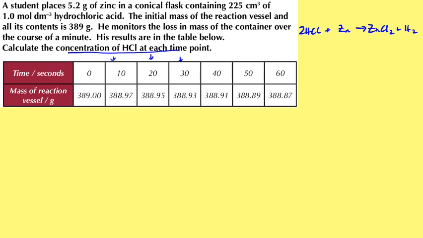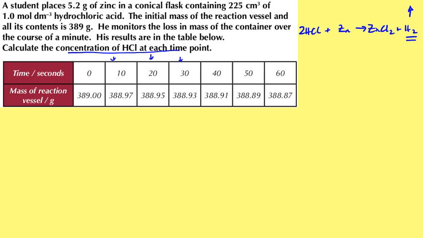And that's balanced already. So the mass lost is going to be the hydrogen gas that is going to escape into the room. And as it does so, it leaves less mass in the conical flask and reaction mixture. So that is the mass lost.